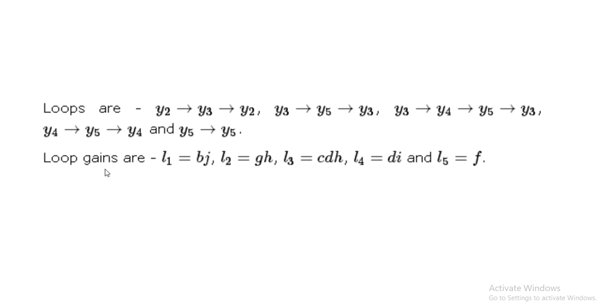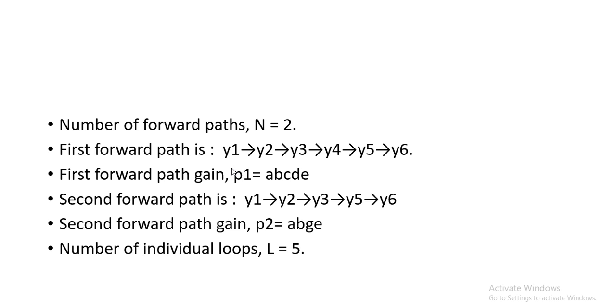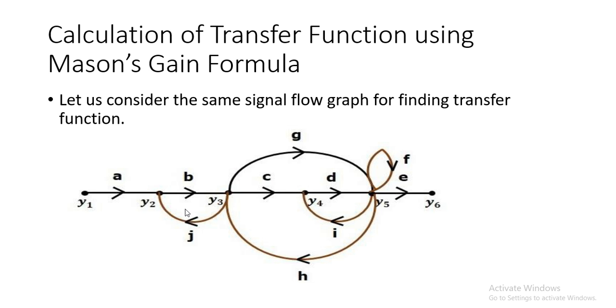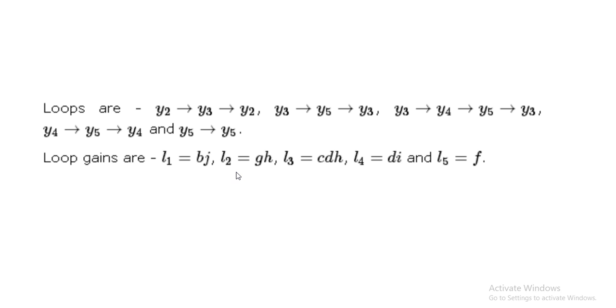And the loop gains are the gains inside that loop's branches. So if you see this particular loop y2, y3, y2, then the gain will be bj. Like this we have calculated the gain of all the other loops. So up to this we have seen. It was necessary to revise that, and I have revised this because it is very important.